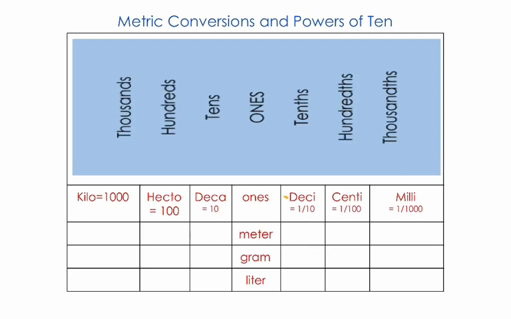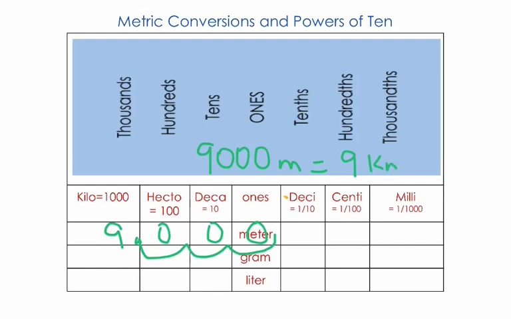So you know that if you have 9,000 meters, correct, and you want to go all the way to the kilometers, we're going to be moving it 1, 2, 3. So 9,000 meters equals 9 kilometers because you went this way. So you're basically dividing by 1,000.